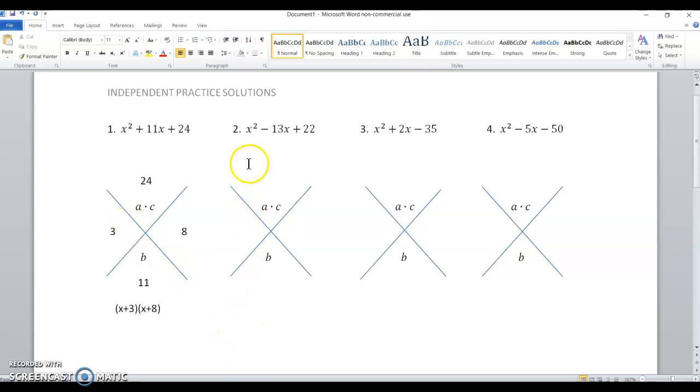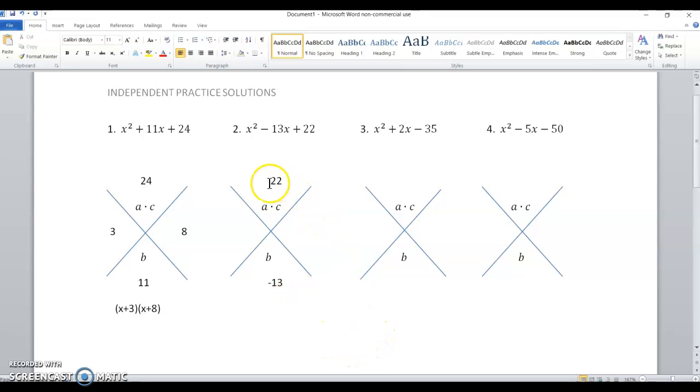So the next one, we have x squared minus 13x plus 22. So a times c is 1 times 22. 1 times 22 is 22. B is negative 13. Always remember to pay attention to your sign here. It's going to make a difference. Minus 13, negative 13 here.